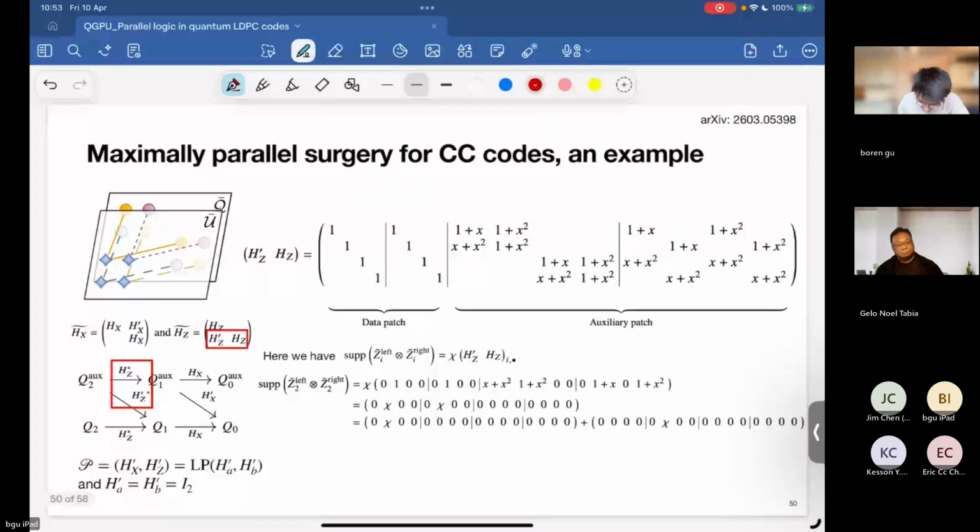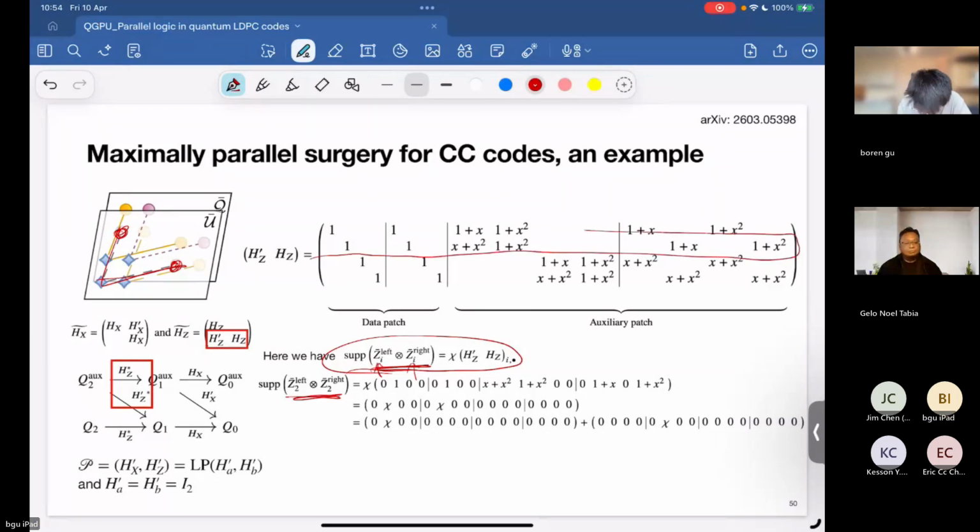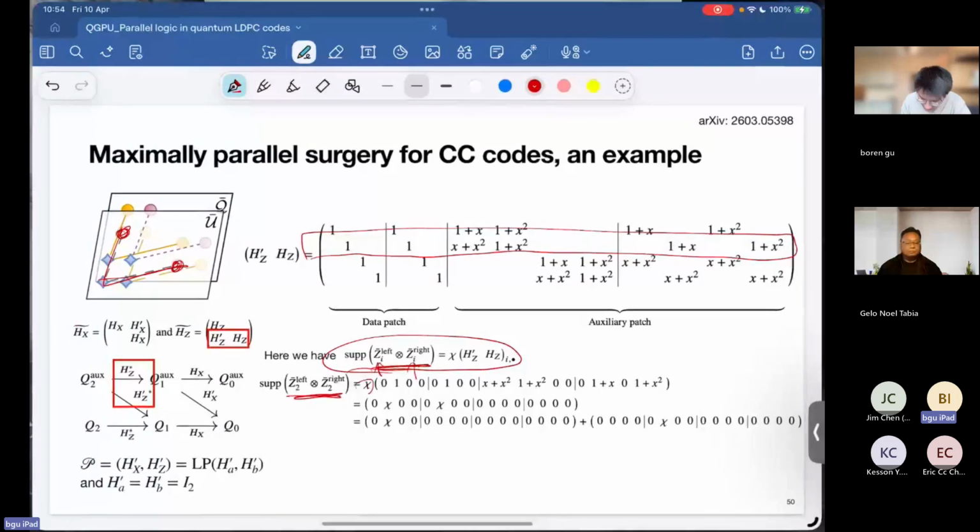In such a sense, if we want to measure the joint product PPM of two logical Z operators of the same position in two sectors, what we do is simply take the corresponding row. For example, we consider the second one, which is this one and this one. If we want to measure their joint Pauli, we take this second row and multiply it by chi.